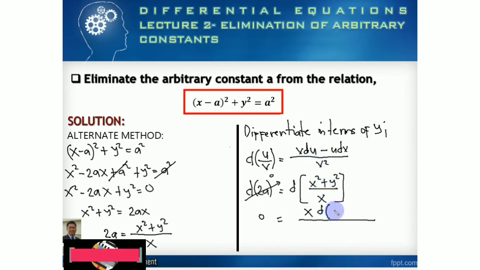Your u is this x squared plus y squared, minus u db, so your u is x squared plus y squared, and then the derivative of your b, in which in this case your b is x, all over the b squared, so in this case x squared.